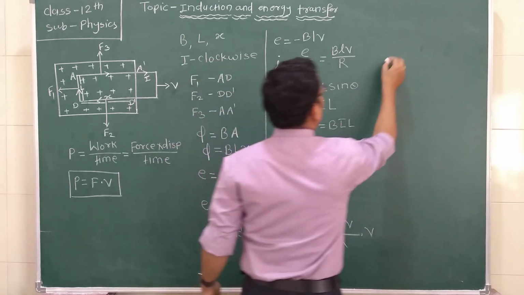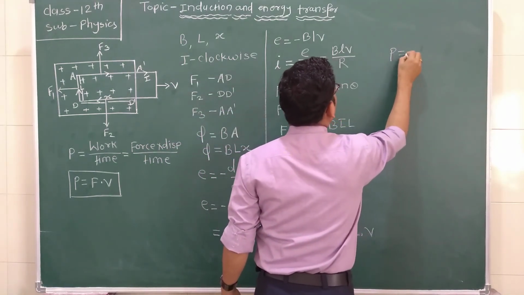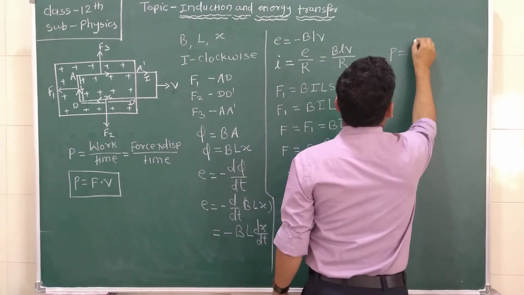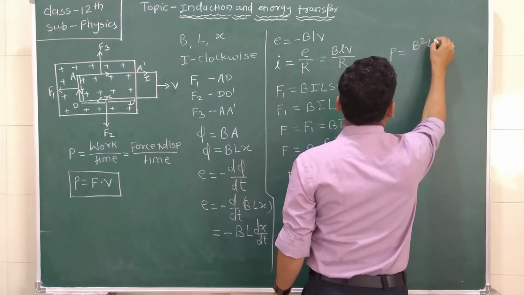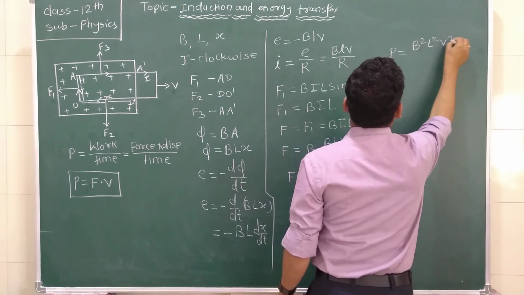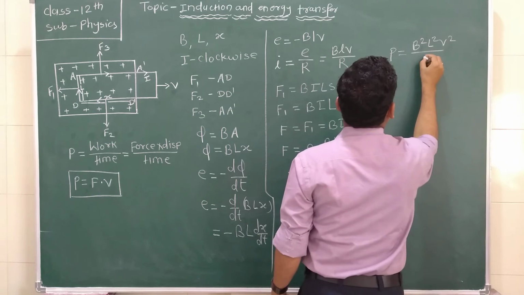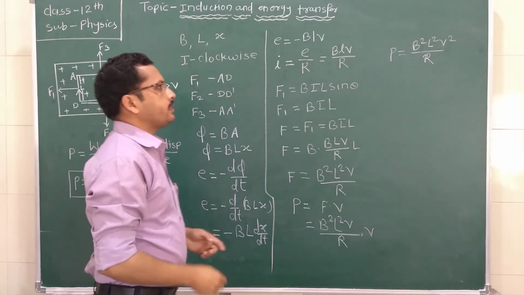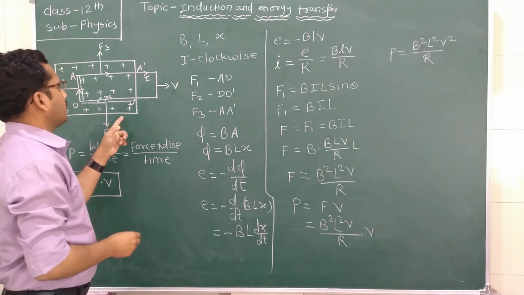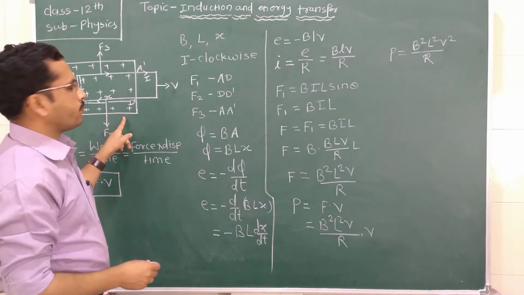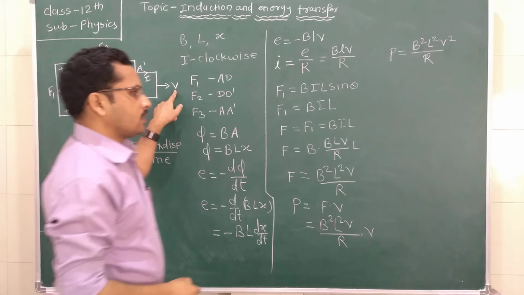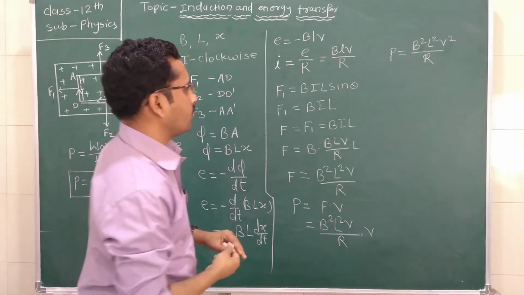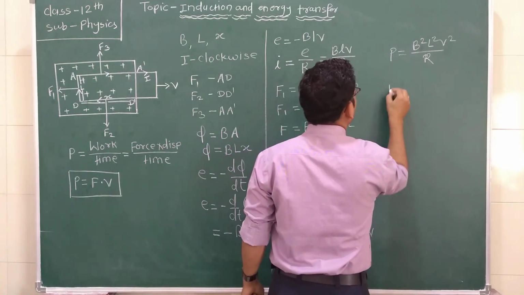We get the power in the loop, P is equal to B squared L squared v squared divided by R. This amount of power is generated in this loop due to its motion.